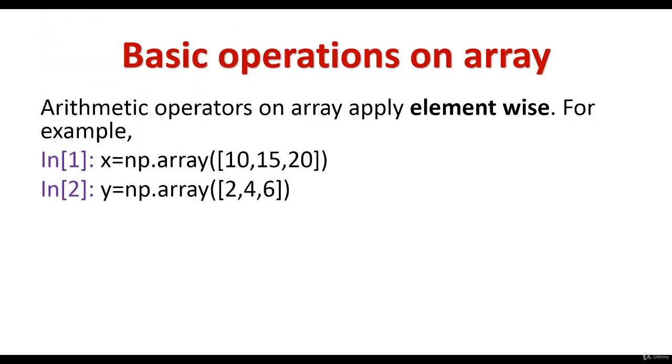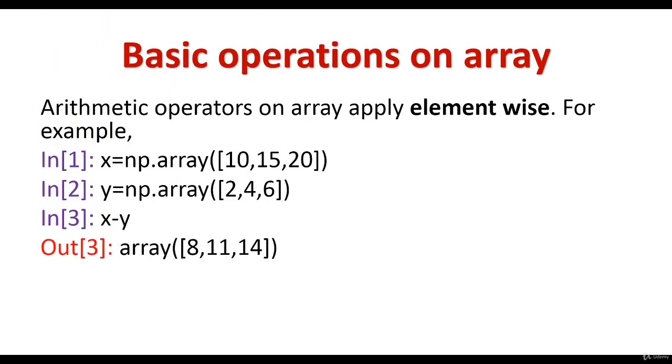And here is another array, elements 2, 4, 6. Now if you subtract x minus y, you get another array where the elements are 8, 11, 14. Here you can see 10 minus 2 is 8, 15 minus 4 is 11. So the operator has worked element wise.